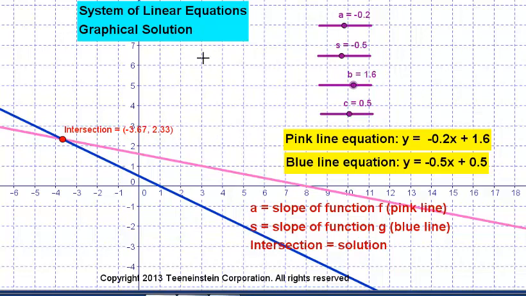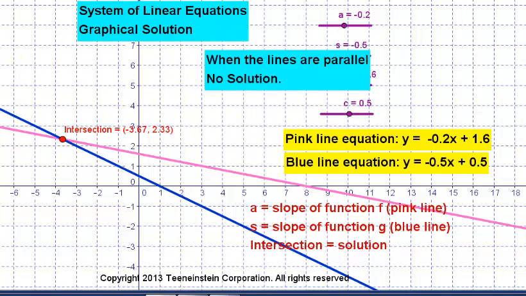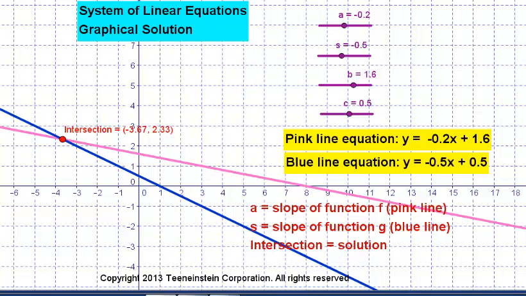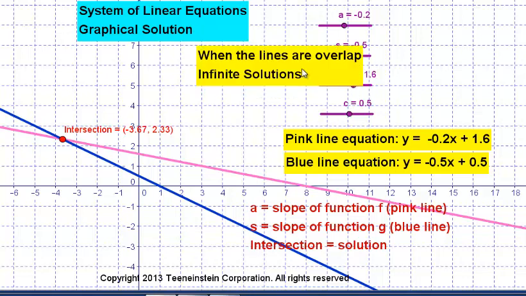So for any system of linear equations, there are 3 possibilities. The first possibility, case number 1, is when the lines are parallel: the y-intercepts are not equal, so there is no solution at all. When the slopes are equal and the y-intercepts are also equal, the lines are overlapping, then we have infinite solutions.